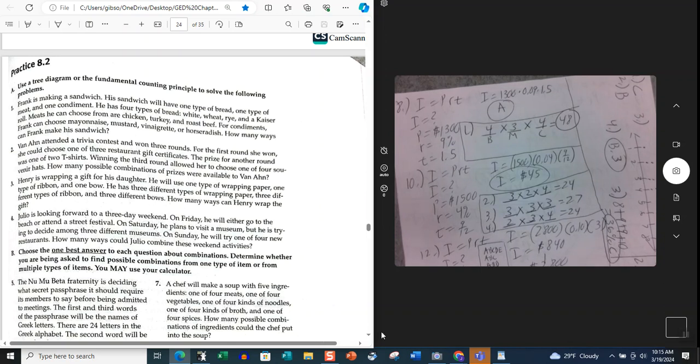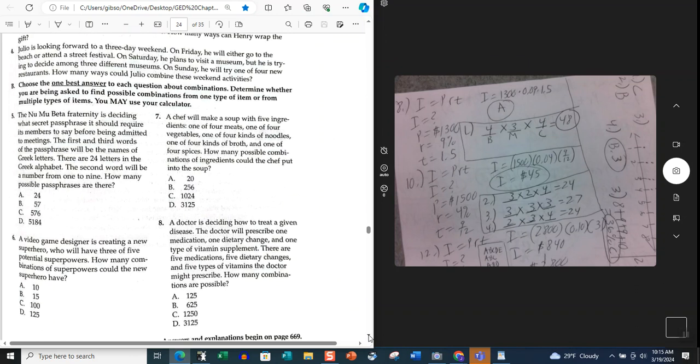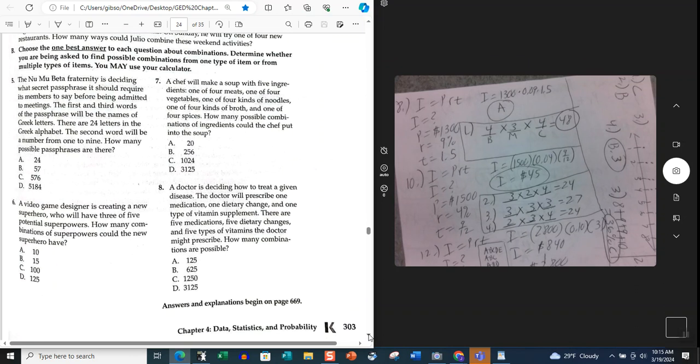Now, we go down here. The new mu beta, it says choose the one best answer to each question about combinations. Determine whether you are being asked to find possible combinations from one type of item or from multiple types of item. You may use your calculator.